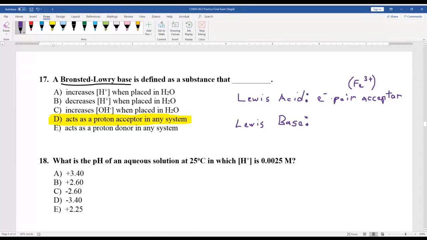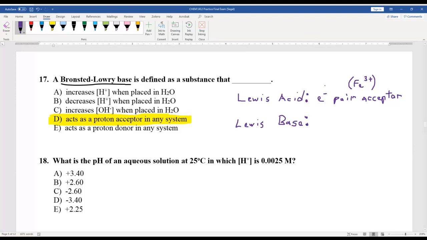There are some Lewis acids that'll do even worse. Some of them will really drop it down. They're almost as strong as some of the strongest weak acids. But yeah, that's a Lewis acid.